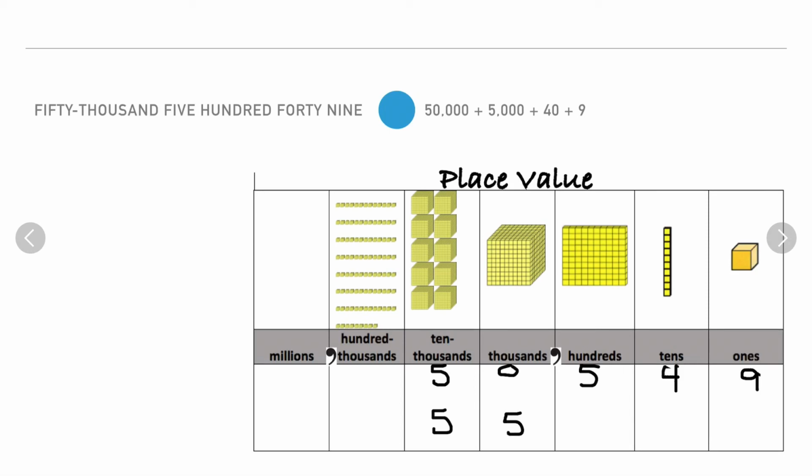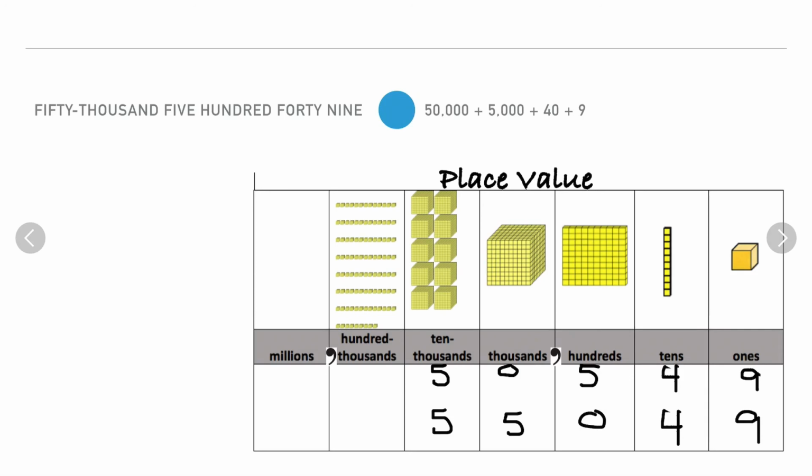We already know it would be in the thousands place. 40. What place value would I be placing 40? Yeah, it would be in the tens because 4 tens is the same thing as 40. And 9. Where would I be placing 9? That's right, in the ones.